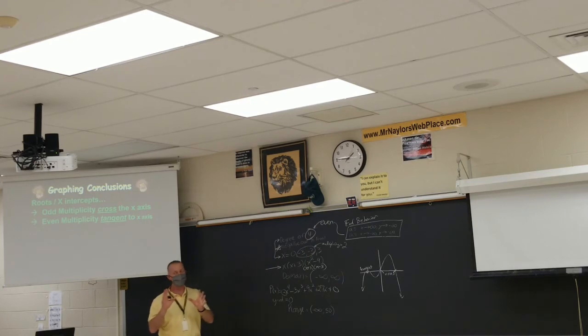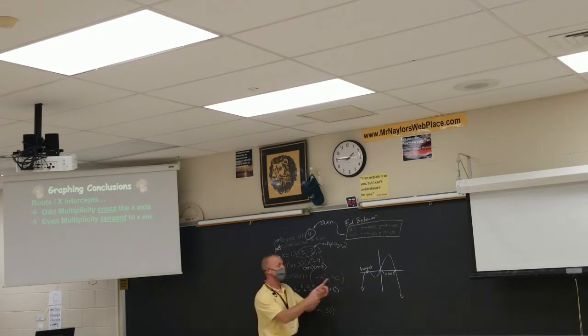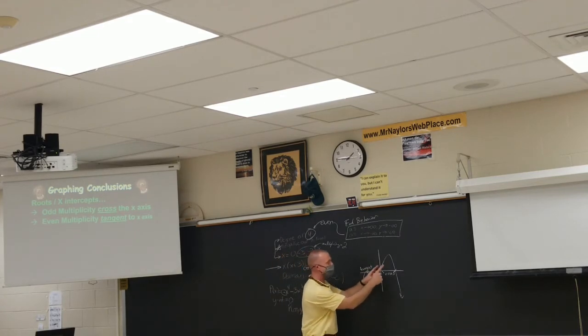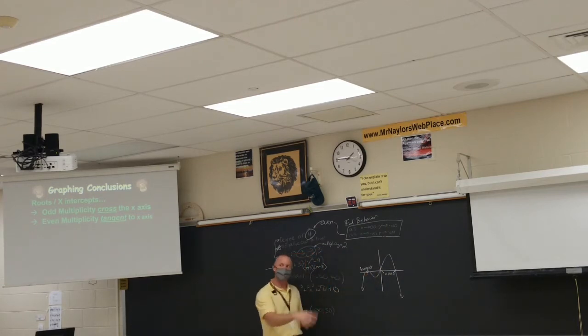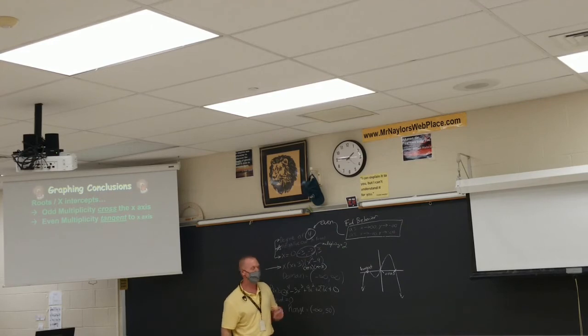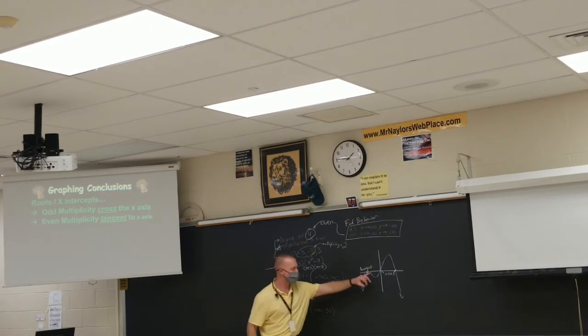Don't feel like you're the only one. If you're like, I'm not sure what you're talking about, I just kind of get a feeling sometimes on this one. When we talk about multiplicity, we're talking about the behavior of these x-intercepts. I didn't use that word tangent. I guess I joked and used the word touch, but tangent just means that it's touching versus crossing.